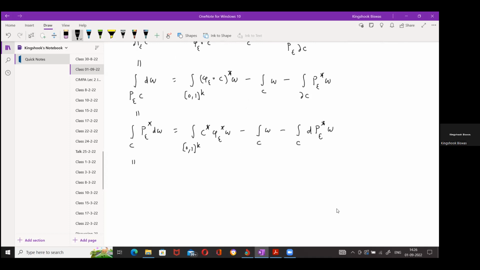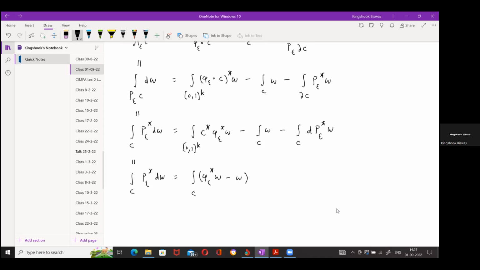So now this is the integral over C of P epsilon star d omega, and the integral over [0,1] to the k of C star of some form is basically by definition the integral over C of that form, phi epsilon star omega, right? So I can take this omega together with this.